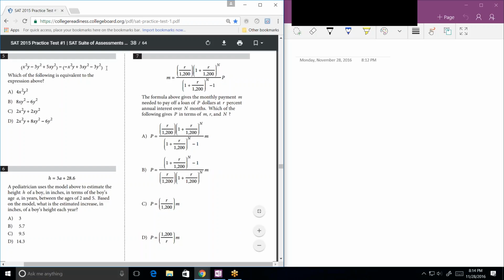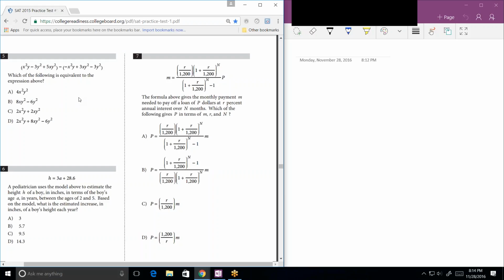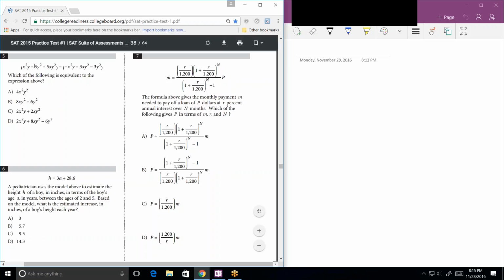Just combine them, term by term like that. So how many x squared y's do we have in total? Just 2. Okay, so we know our answer is either C or D. Now the next thing we see is a minus 3y squared.